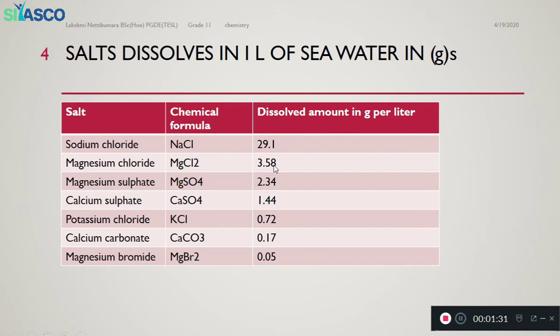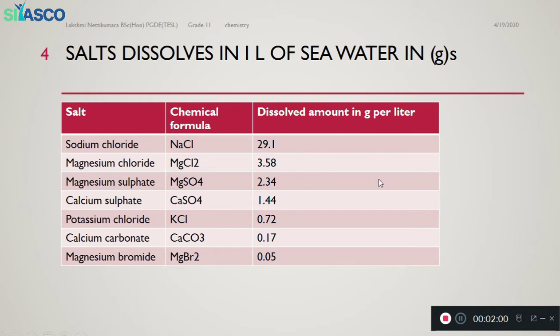If you take 1 liter of seawater, there you can find 29.1 sodium chloride, 3.58 magnesium chloride, 2.34 magnesium sulfate, 1.44 calcium sulfate, 0.72 potassium chloride, 0.17 calcium carbonate, 0.05 magnesium bromide in a liter.